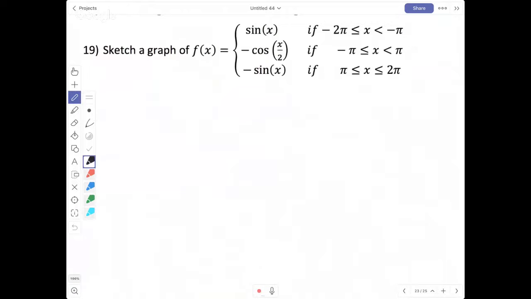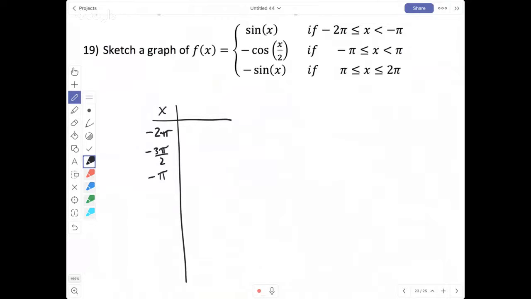Cool. And here, again, I'm going to make a table. I'm going to have x values. I'd like at least some x values between negative 2 pi and negative pi. So I'm going to pick negative 2 pi, negative 3 pi over 2, and negative pi.